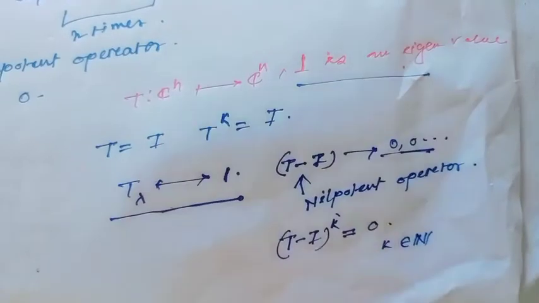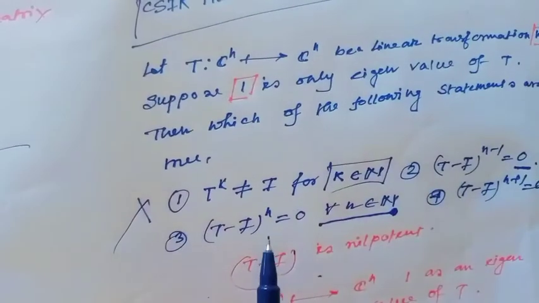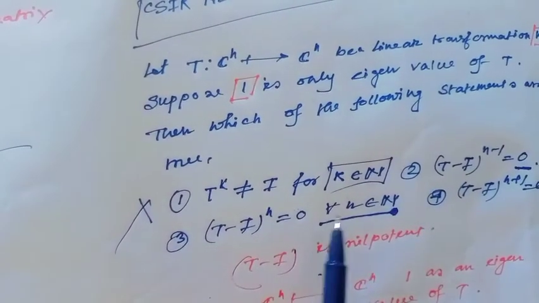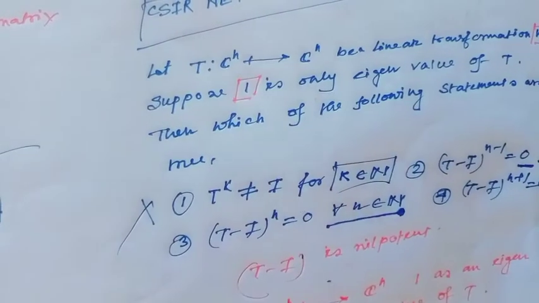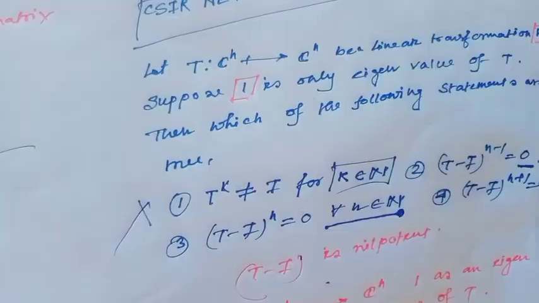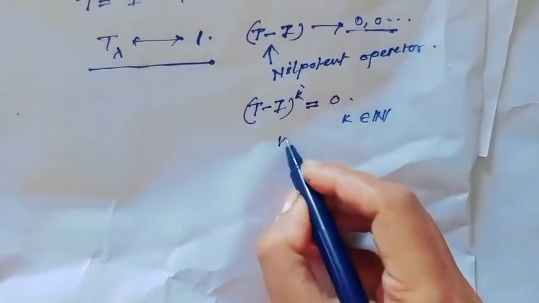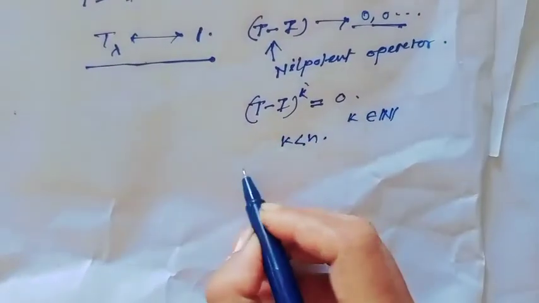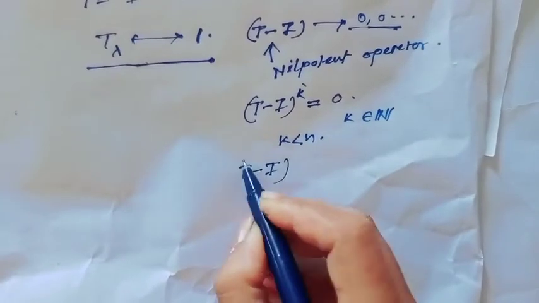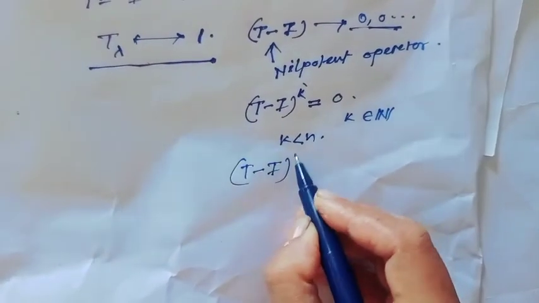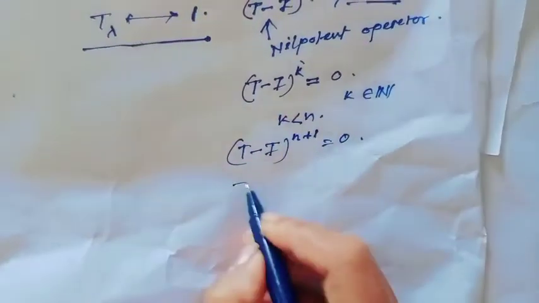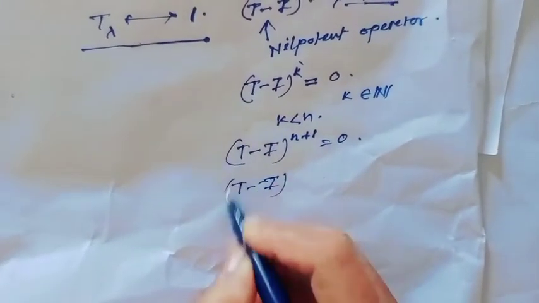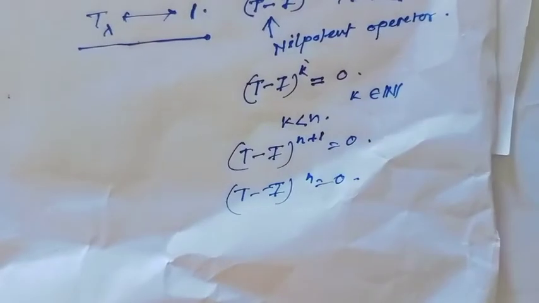But in the question it is given (T minus identity) to the power n equal to the 0 operator, and (T minus identity) to the power n minus 1 equal to the 0 operator. If there exists any k where k is less than n, then that implies obviously (T minus identity) to the power n plus 1 equal to the 0 operator, and (T minus identity) to the power n equal to the 0 operator.